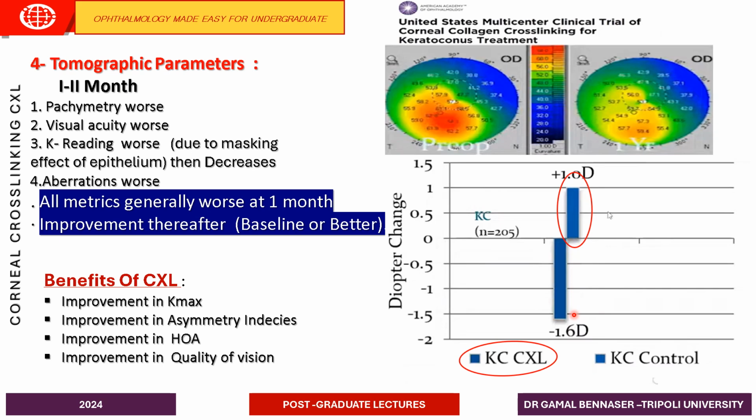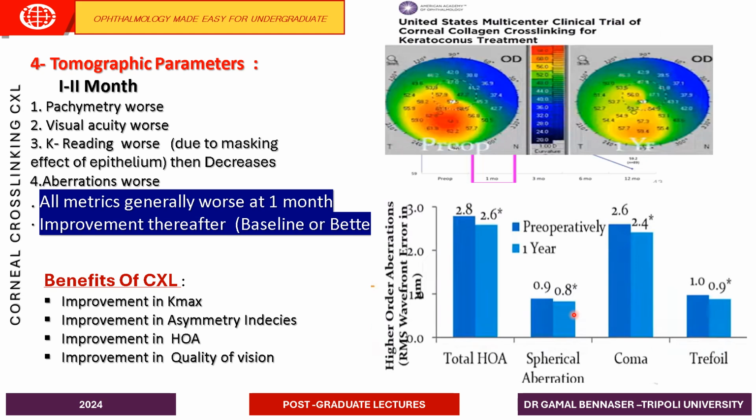There will be improvement in the high order aberrations, namely the coma aberrations. As you know, people with keratoconus have high order aberrations, namely the negative coma and the negative spherical aberrations. So there will be significant improvement in their quality of vision based on the improvement in the aberrations, and patients will notice the difference preoperatively and postoperatively.